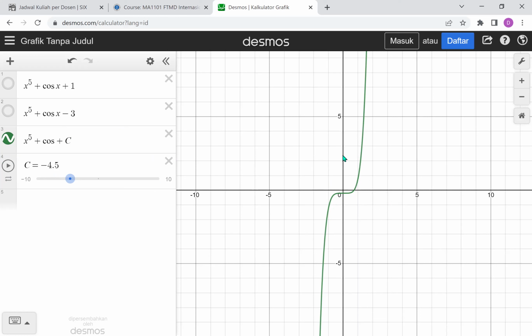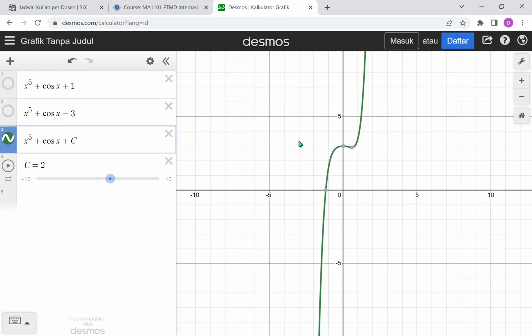For example, if I look for this point, if you take x equals to 0, when c equals to 2 and x equals to 0, then you have, let's say, c is 3, so you get c equals to 2.